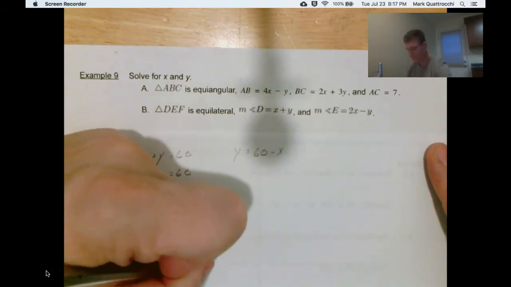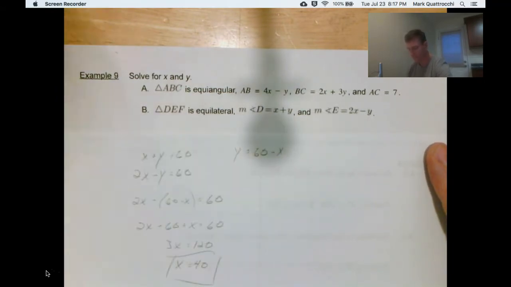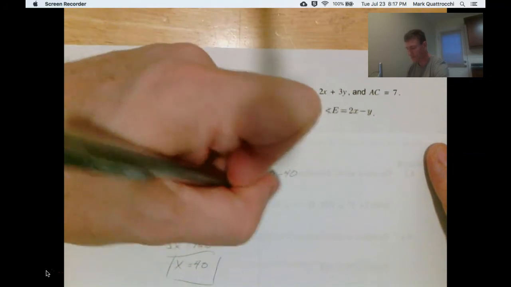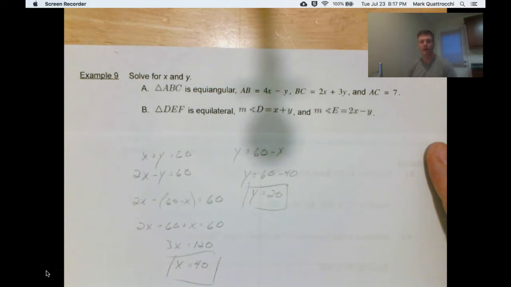X equals 40. Plug that in here. Y equals 60 minus 40. Y equals 20. And there are my two answers, and I got these again by using substitution. If you want to see the elimination method, it's in the answer key.